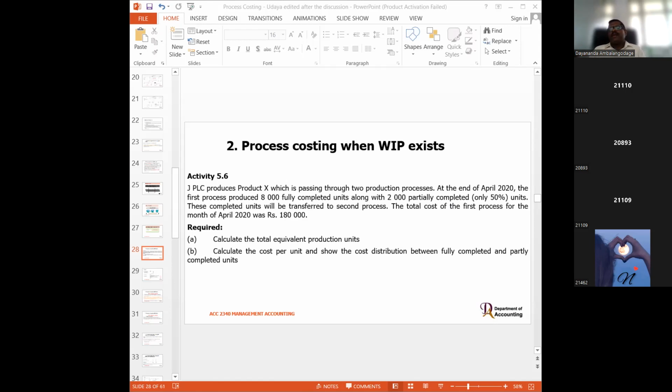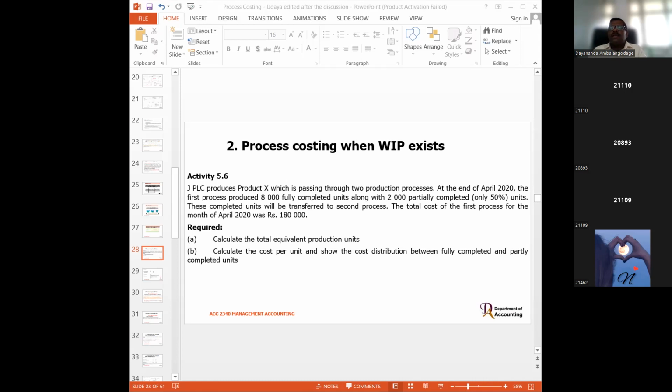So what you have to do is you take 100% here, 8,000, but here you take only 50%, that is 1,000. Altogether, 9,000 units completed. Right? And so end up with the cost.